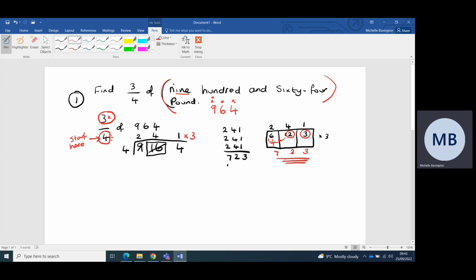So it depends how you want to do it. This could be quite a long method if you've got like times by 23. But it works, so it's fine. So our answer for this one is 723. Double underline it or put it in a box. Just make sure that it is very clear that that is your answer.